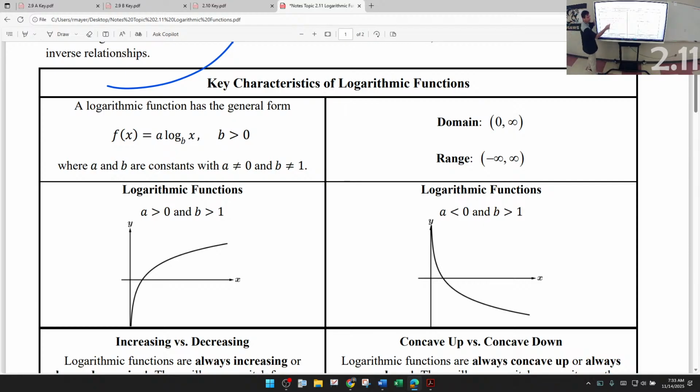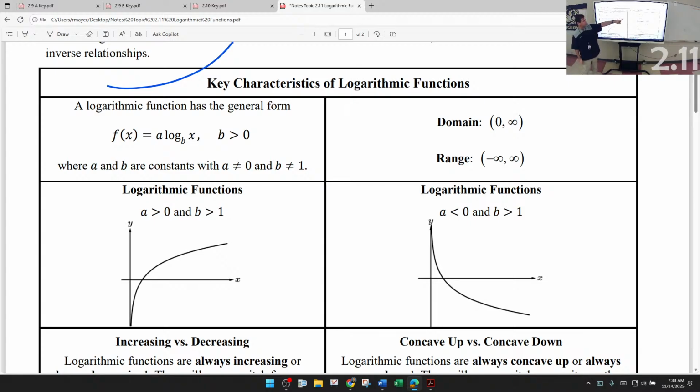So b won't be 1, b won't be negative, and a won't be 0, and that's all they're telling us right through there. It's understood, but a lot of times that confuses students, like, why are they telling me all that stuff? They're telling you that stuff because it has to happen. If it doesn't happen, then this is not a good function.